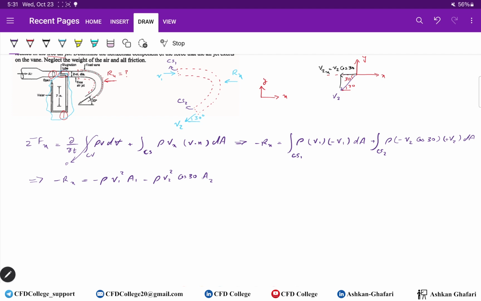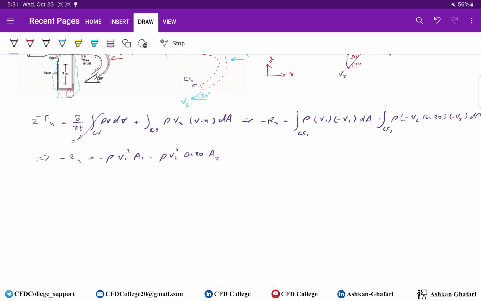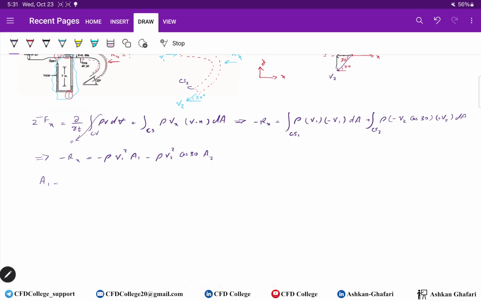We have the area, since we know that the jet cross section is a circle with a diameter of 2 inches. And we know that A1 equals A2 equals pi over 4 d square, and we know that d is 2 inches.